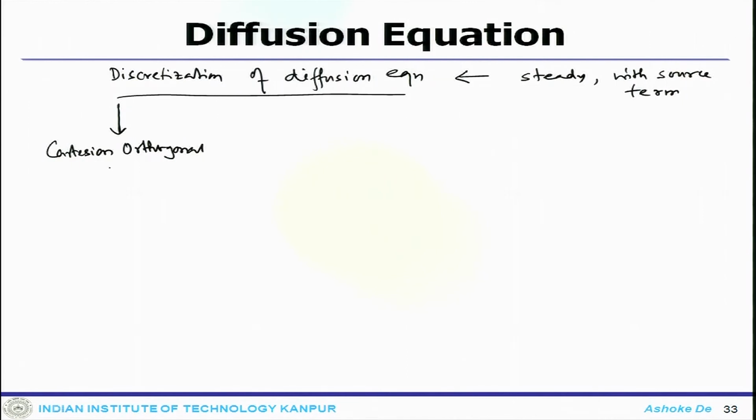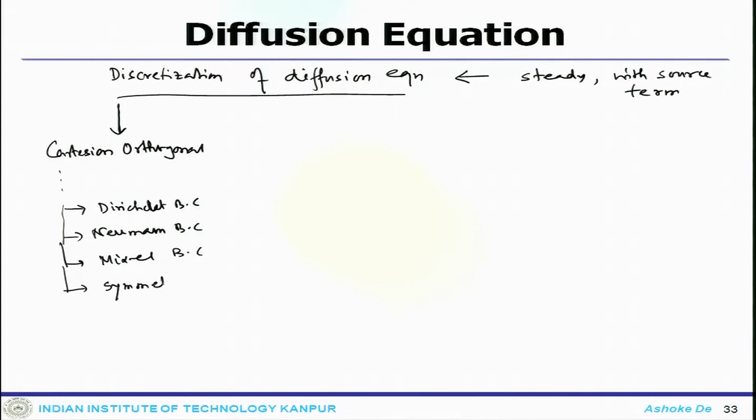While talking about the Cartesian orthogonal system, we talked about the implementation of the Dirichlet boundary condition, Neumann boundary condition, mixed boundary condition, and symmetry boundary condition. So all of that we have done.